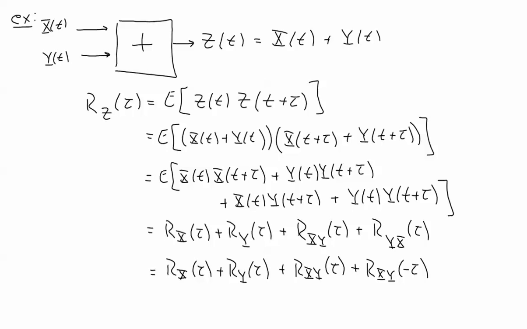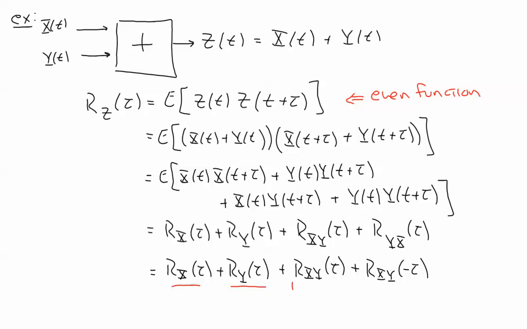Okay? Now, let's keep in mind that autocorrelation is always and everywhere an even function. So this guy has to be an even function. All right. Autocorrelation of x is even. That's good. Autocorrelation of y is even. That's good.